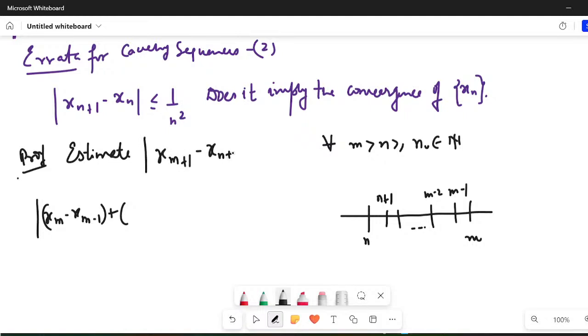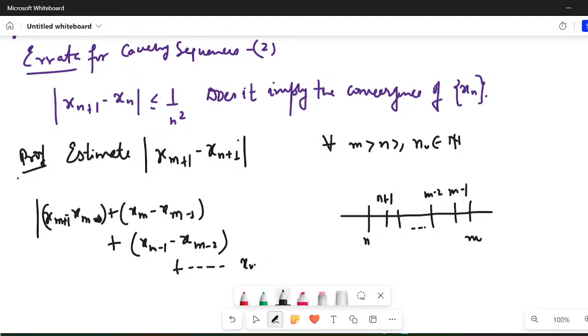It is one and the same thing, since basically here you add 1 to both and it cancels. So I'm going to write x_{m+1} minus x_m, then plus x_m minus x_{m-1}, plus x_{m-1} minus x_{m-2}, and at the end I'll get x_{n+3} minus x_{n+2}, and then plus x_{n+2} minus x_{n+1}, in modulus.